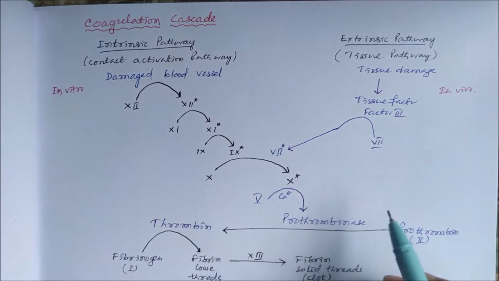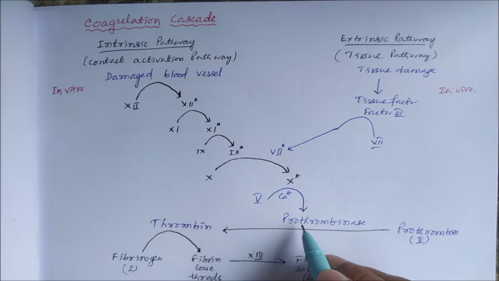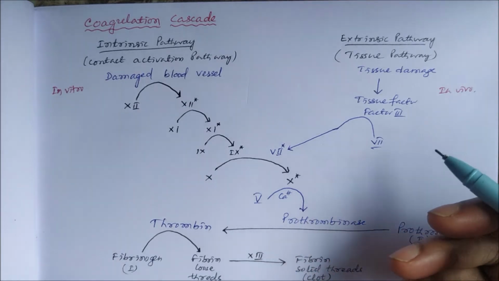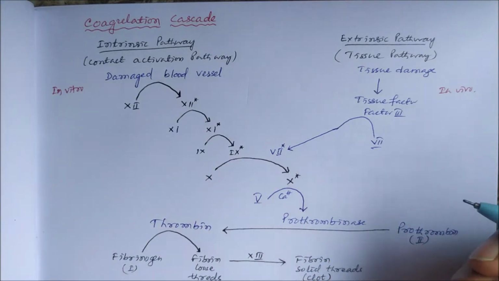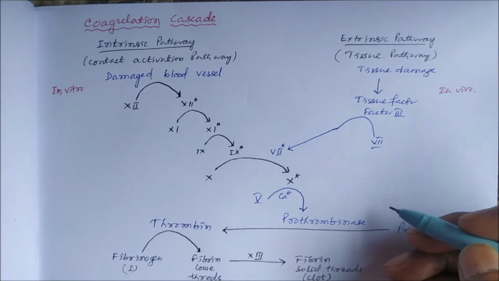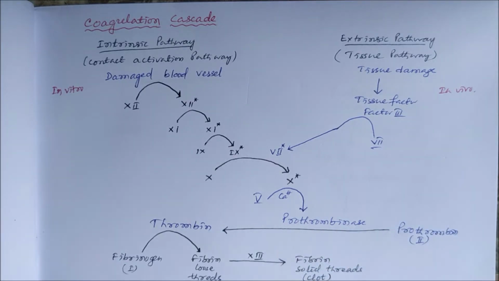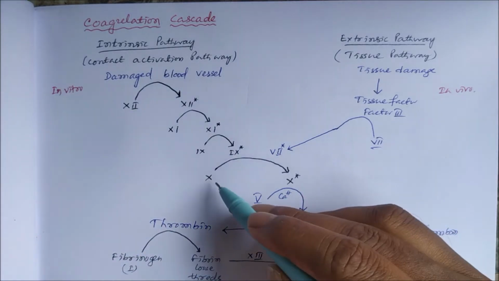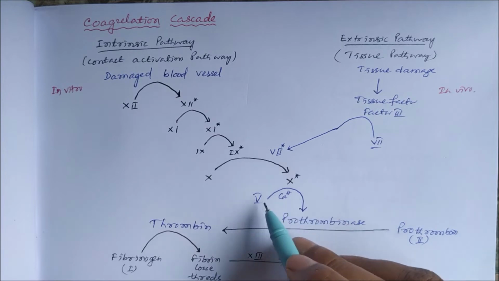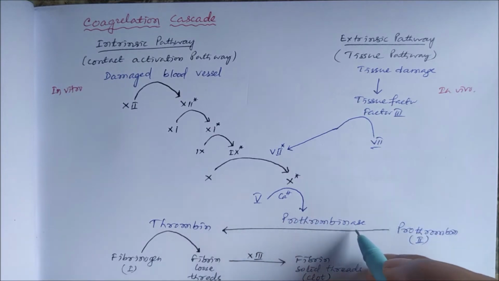Step 1 is formation of the prothrombinase, and this prothrombinase converts prothrombin to thrombin. First there will be activation of factor 10, which along with factor 5 and calcium forms the prothrombinase.